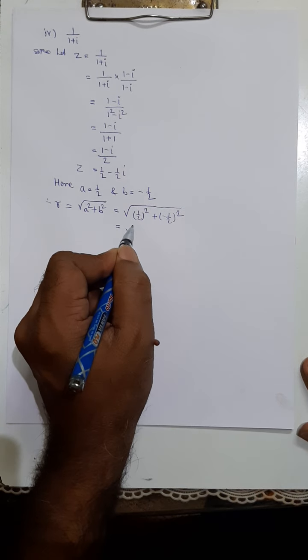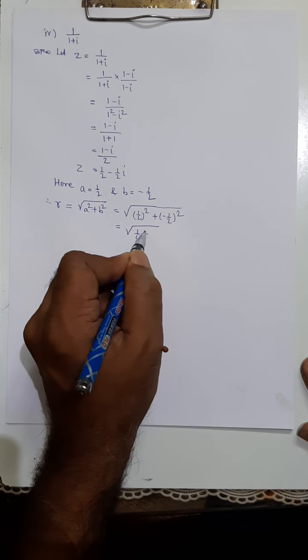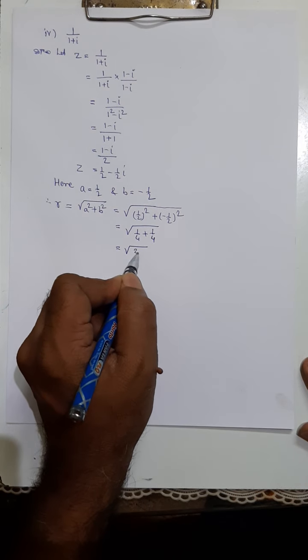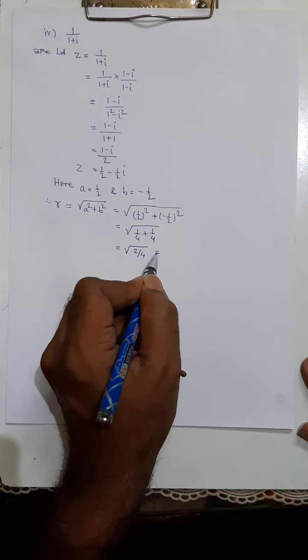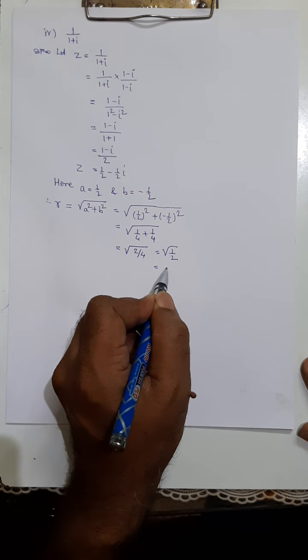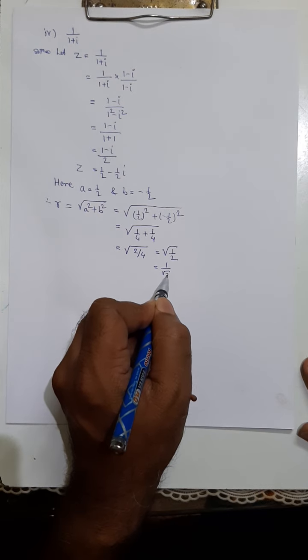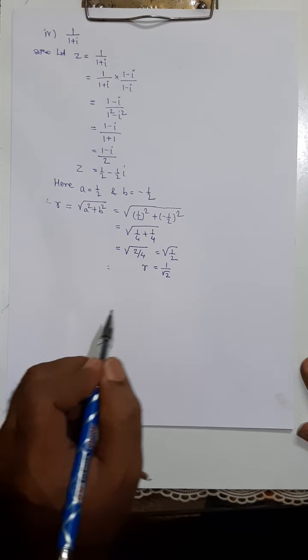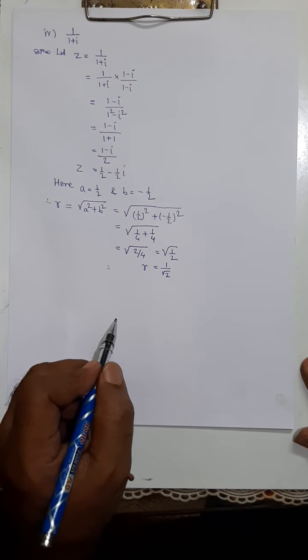So it is equal to square root of 1 by 4 plus 1 by 4, that is addition 2 divided by 4, and that is square root of 2 by 4 means 1 by 2, and that is square root of 1 is 1 and square root of 2 as it is, and therefore we get this value of r as 1 divided by root 2.